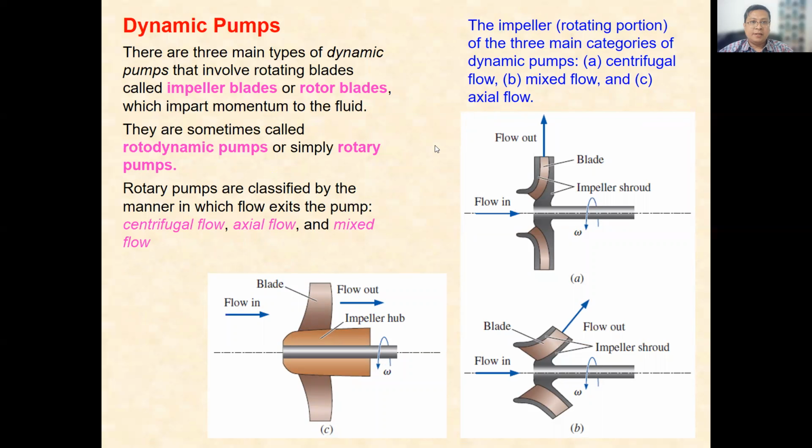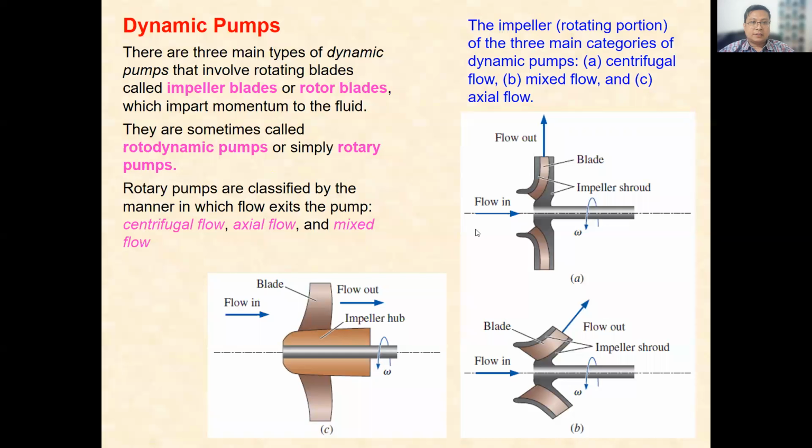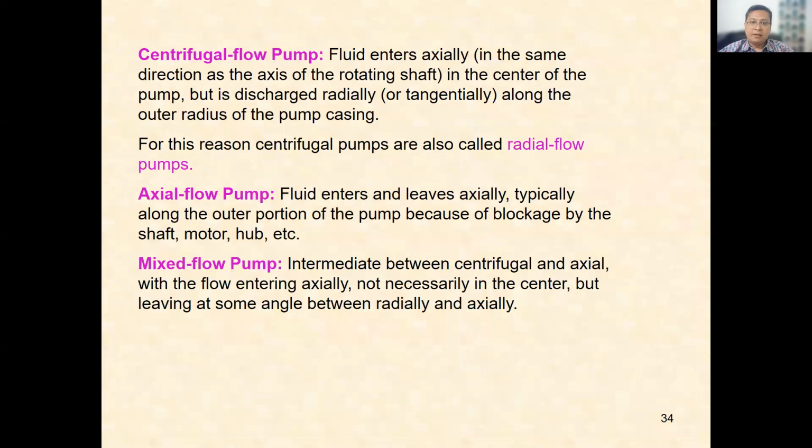This one is the dynamic pump. Dynamic pump is by rotary impeller blade. So the blade will be rotated continuously, so it's called dynamic. Then under dynamic, we have several types of pump.